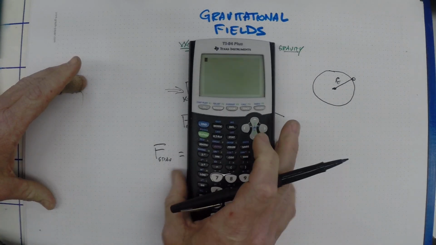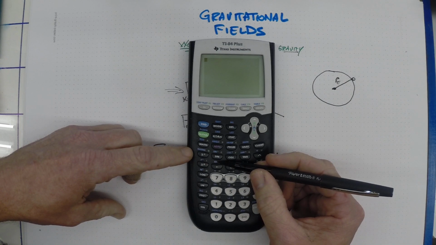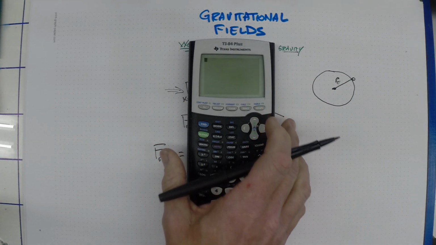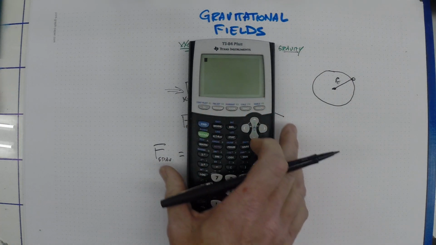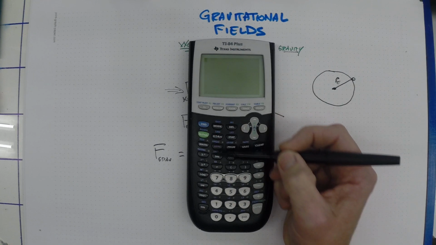On your calculator, depending on what kind of calculator you have, there will be a key that says either EE, two capital E's, or EXP. For the one that I have in front of you right now, it's this EE right here, which means I have to hit second comma.